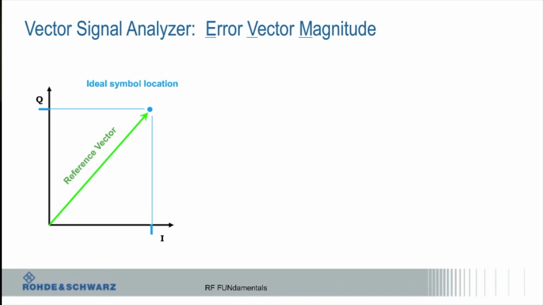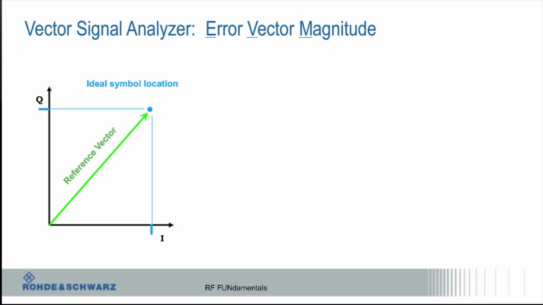So, measuring error vector magnitude, we've been talking ad nauseum about vectors, right? So when we look at that constellation, it's going to calculate what is the ideal location for that constellation point based on the characteristics of the signal.